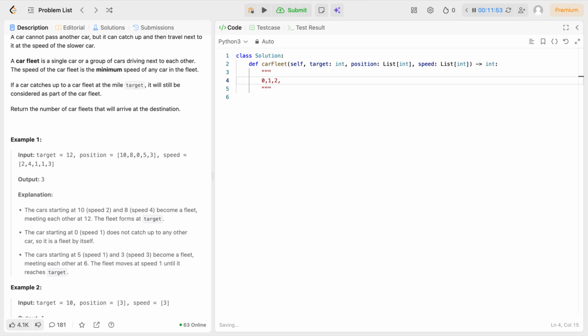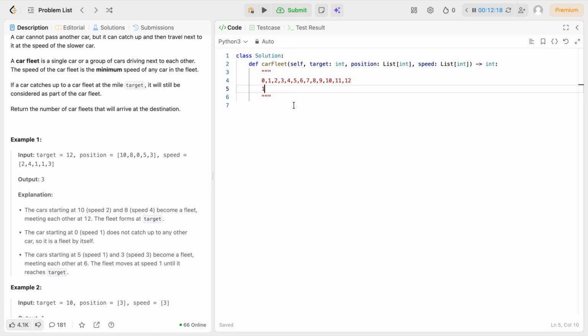We can't start at position 0. 7, 8, 9, 10, 11, 12, like some kind of number graph. And then just note down the different positions with numbers.